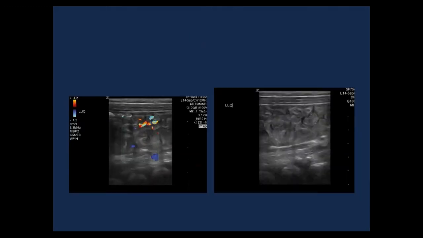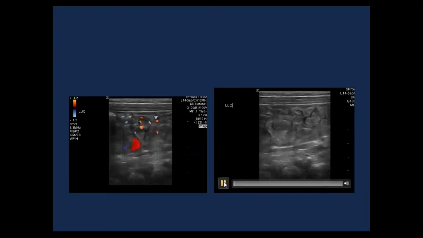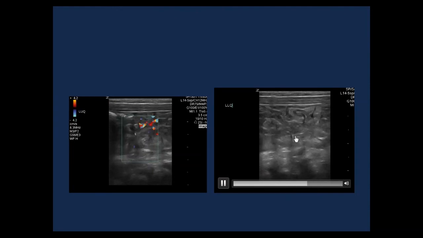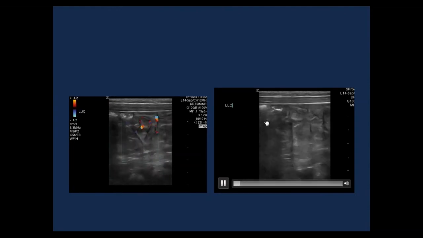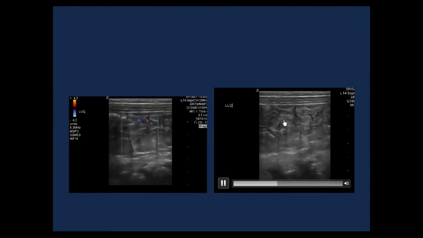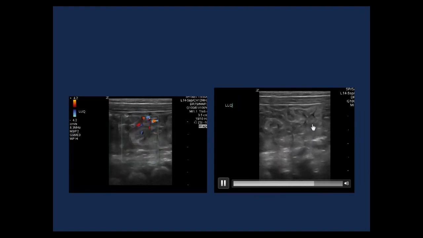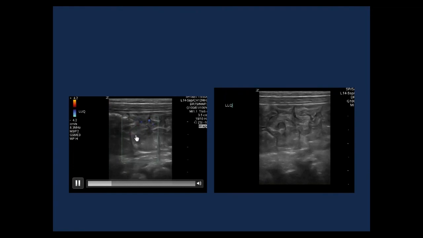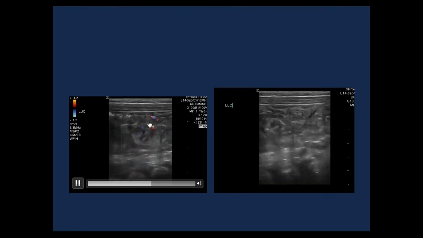But when we performed ultrasound, exactly at the same area of concern, the intestine was normal, peristalsis normal, hypoechoic. There was no pneumatosis intestinalis, and the color Doppler was normal in all abdominal regions.